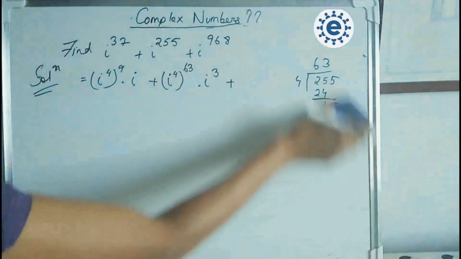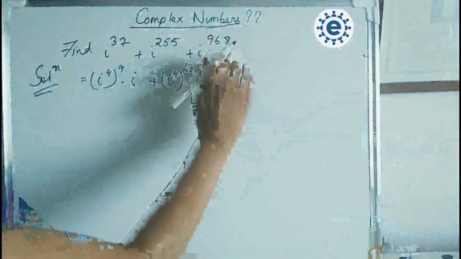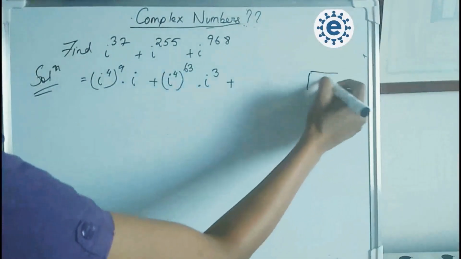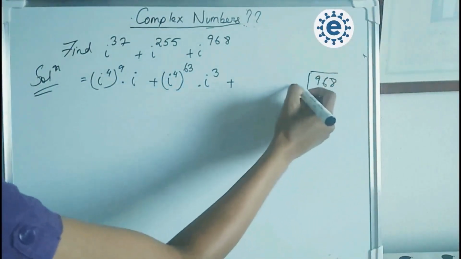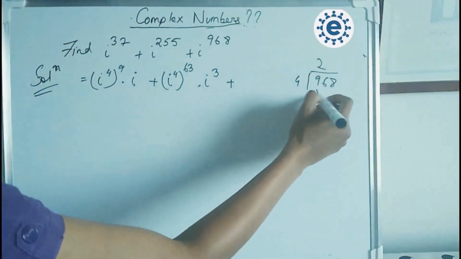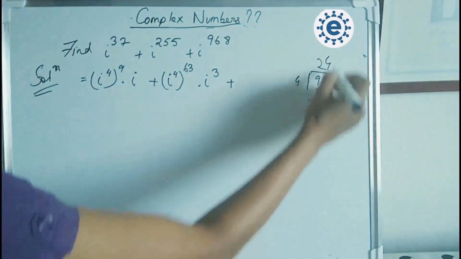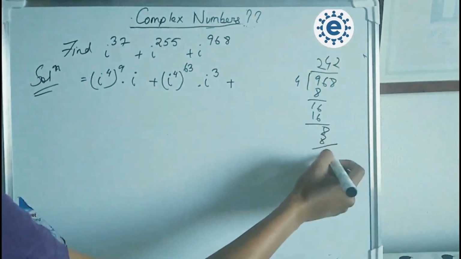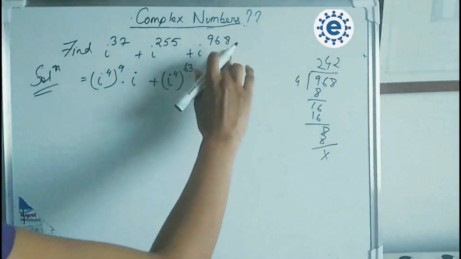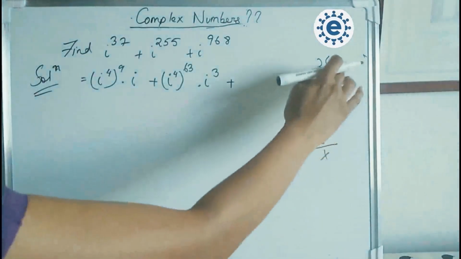Now similarly for 968 also, we will find the nearest multiple of 4. 4 twos are 8, 16, 4 fours are 16, 8, 4 twos are 8. So what we see here is that 968 is a complete multiple of 4.